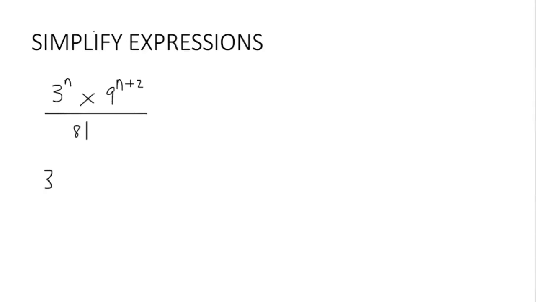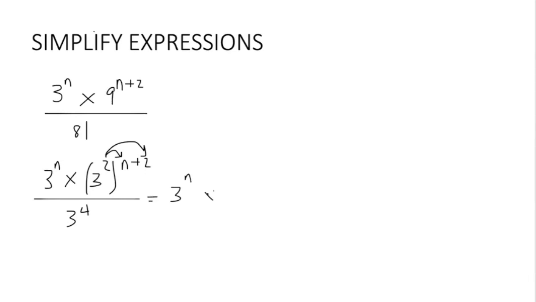So we have 3 to the n times 9 is the same thing as 3 squared, then we have n plus 2, over 81, which is 3 to the 4th. Multiply 2 times n and 2 times 2. So we have 3 to the n times 3 to the 2 times n, that's 2n, and 2 times 2, that's 4, all over 3 to the 4th.